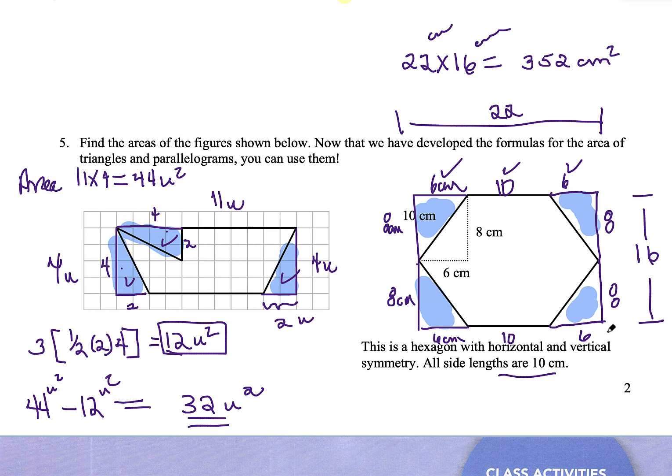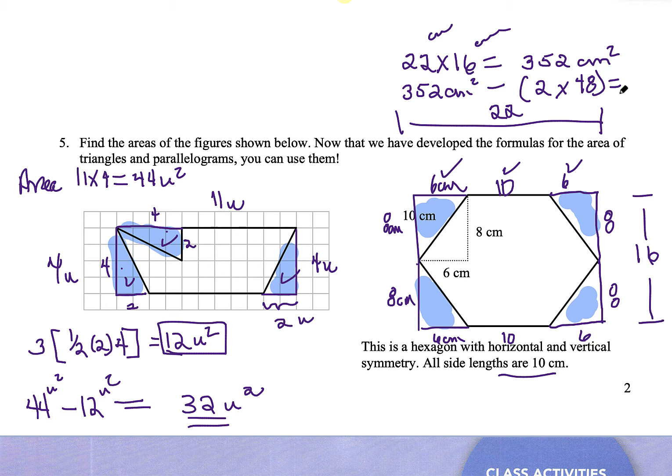Notice all these triangles are exactly the same. So instead of figuring out what all 4 of these triangles are, we could flip them together and subtract off 2 rectangles that are 8 by 6. So basically we're going to take 352, which is our overall rectangle, square centimeters, and we're going to subtract off 2 times the area of these rectangles, 48.